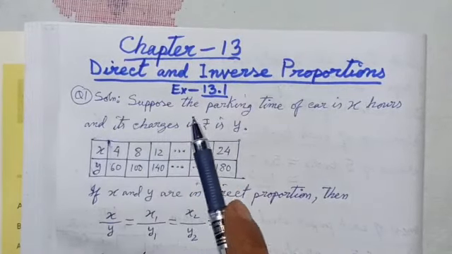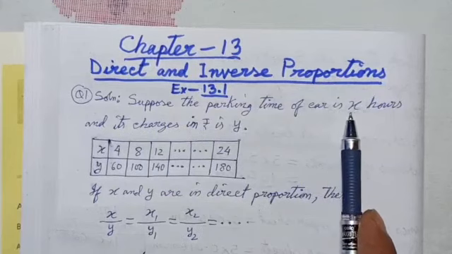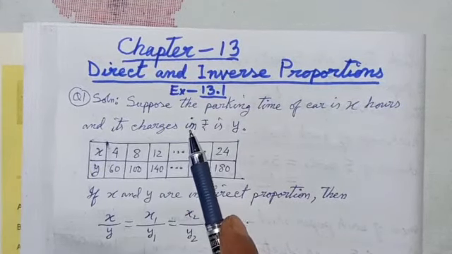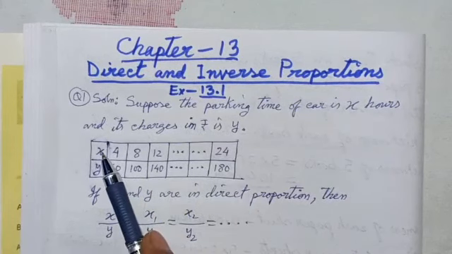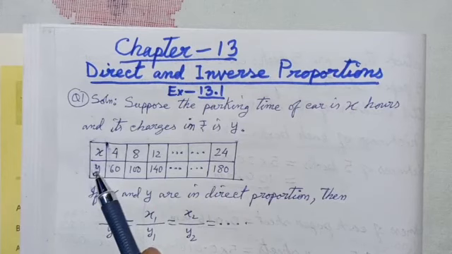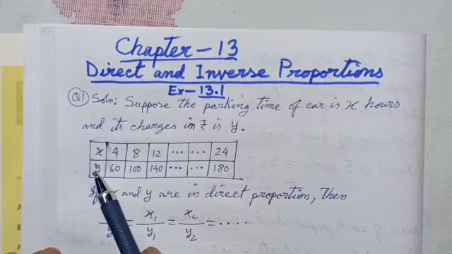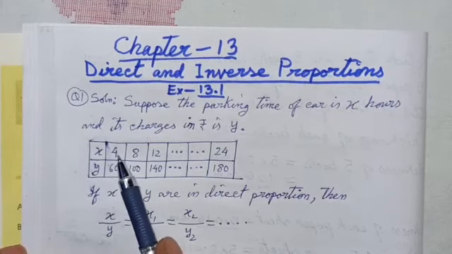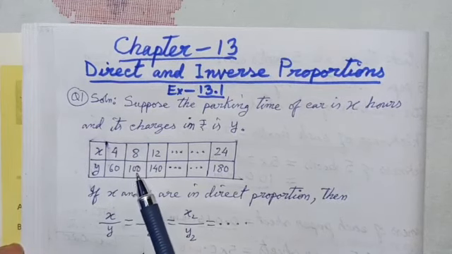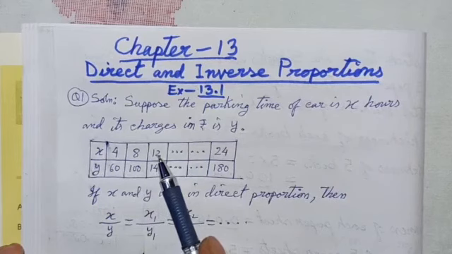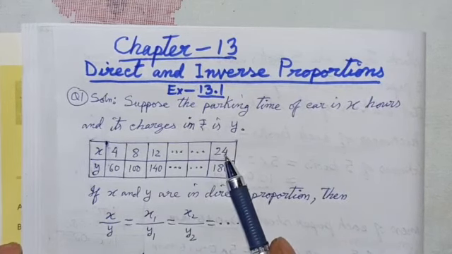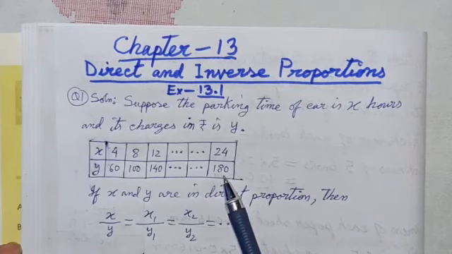Solution. Suppose the parking time of the car is x hours and its charge in rupees is y. In the question it is given that in 4 hours the parking charge is rupees 60, in 8 hours it is rupees 100, in 12 hours it is rupees 140, and in 24 hours it is 180.